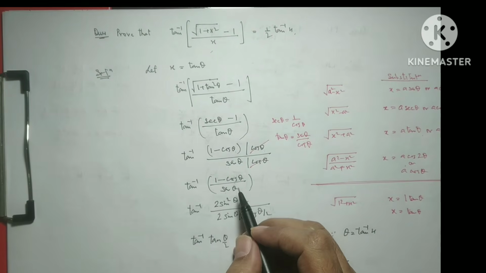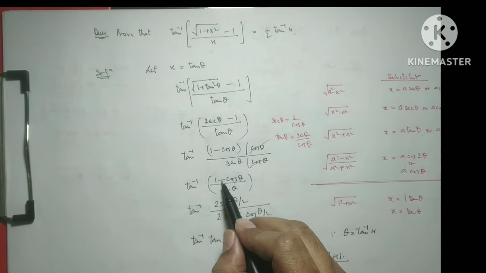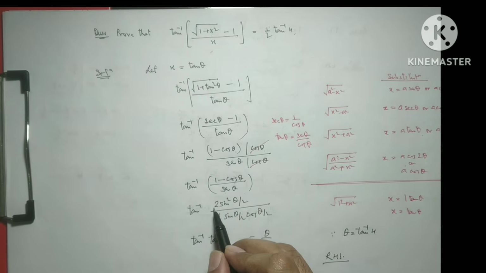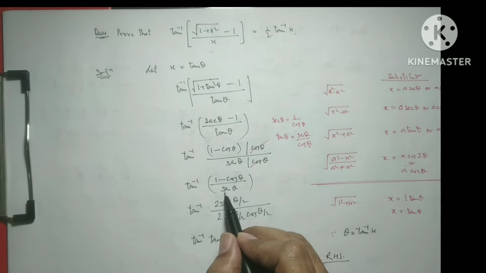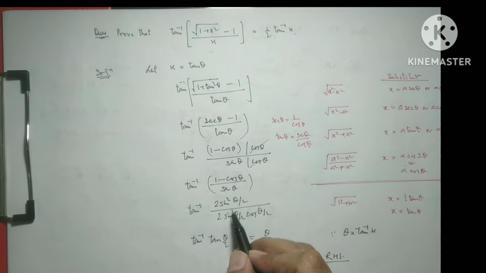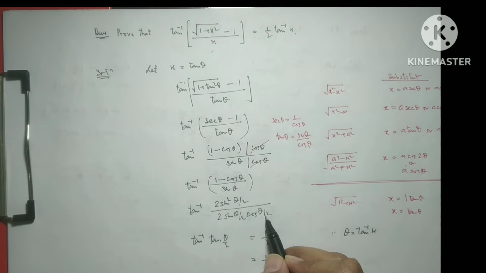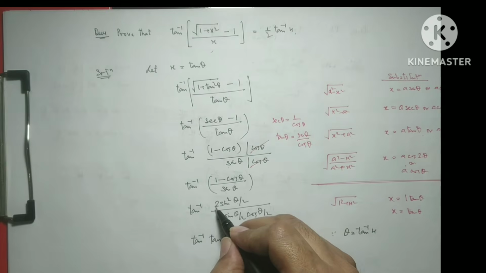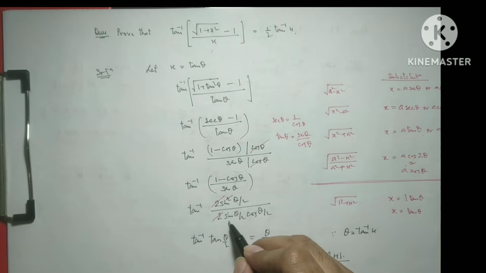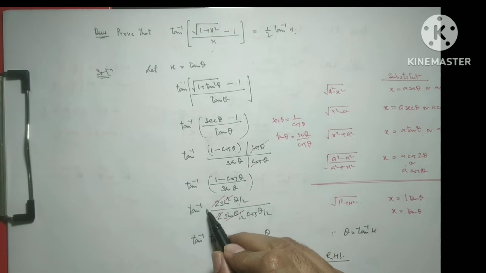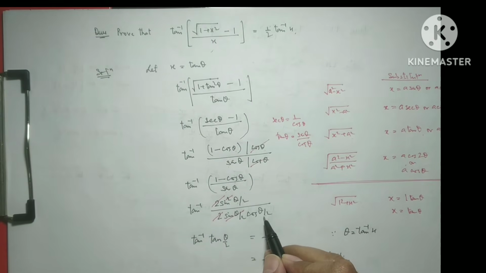Now we will use the simple basic trigonometric formula. 1 minus cos theta is 2 sin square theta by 2, and in half angle sin theta is 2 sin theta by 2 cos theta by 2. Then you can cancel 2 and square with sin theta. So you have tan inverse of sin theta by 2 over cos theta by 2.